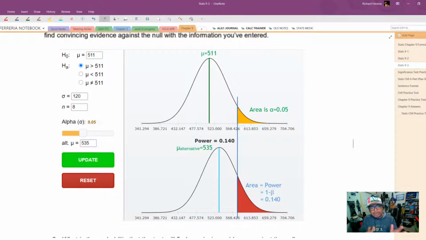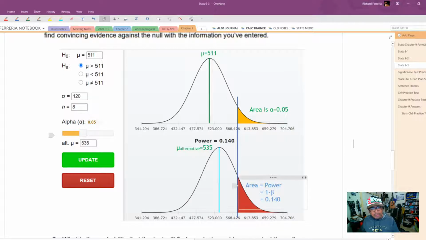There's no real easy way to tell you how to calculate this beta, and that's actually not something you're going to have to calculate on your own. On the AP test, they'll just tell you what the power is, or they'll tell you what beta is. If they tell you what the power is, then you say that's the probability of rejecting the null hypothesis.